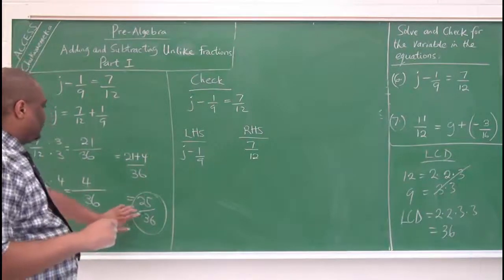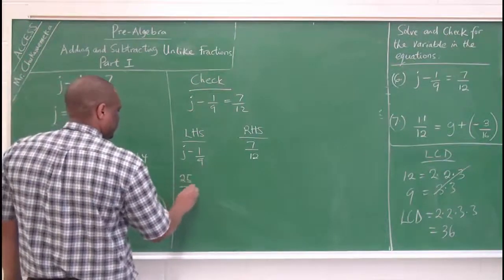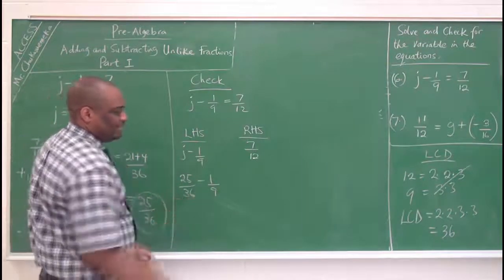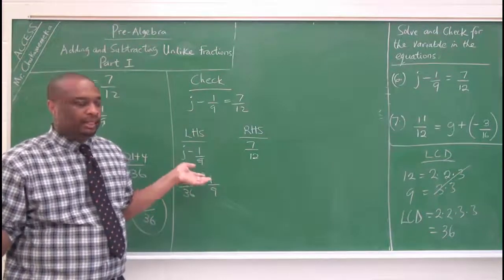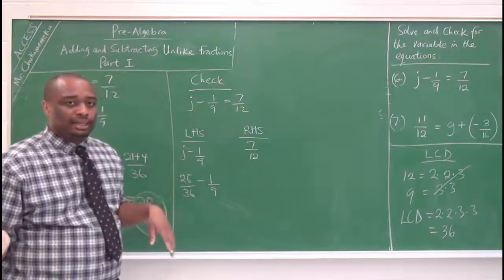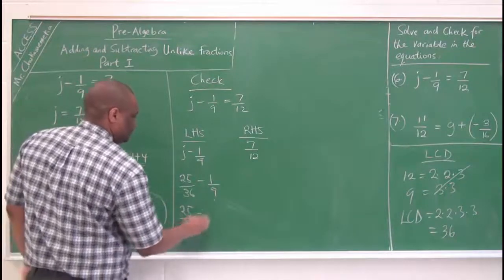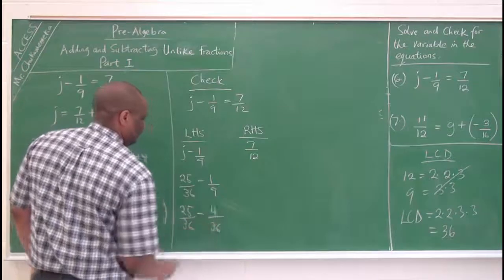Now, our J was what? 25 over 36 minus 1 over 9. Now, what is the LCD of 36 and 9? If you do that, you will see it's 36. So this is 25 over 36 minus, if you have over 36 here, this will be 4 over 36.